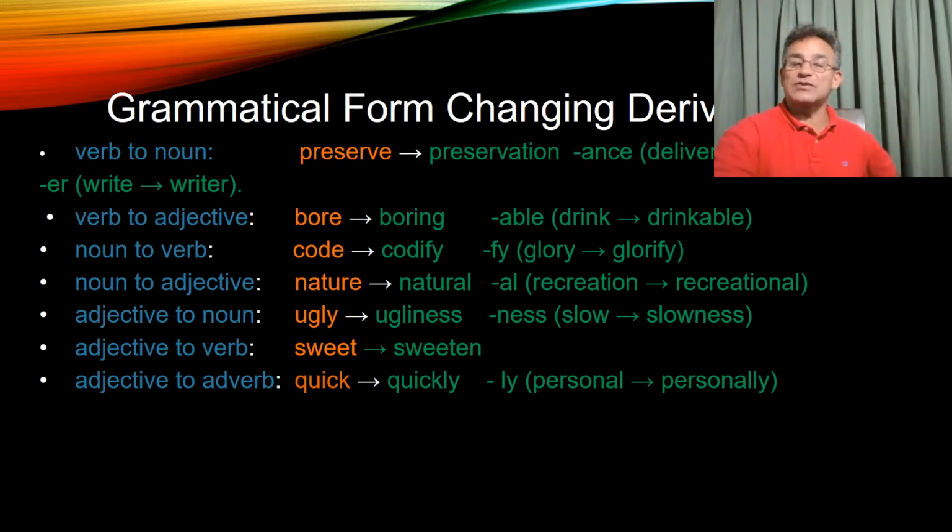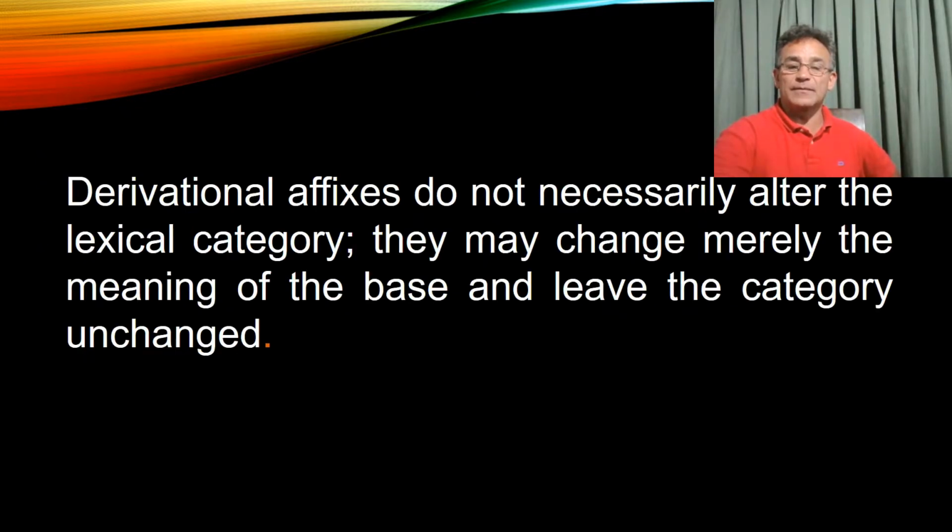And those grammatical forms that change in derivation: verb to noun, preserve, preservation; verb to adjective, bored, boring; noun to verb, code, codify; noun to adjective, nature, natural; adjective to noun, ugly, ugliness; adjective to verb, sweet, sweeten; adjective to adverb, quick, quickly.